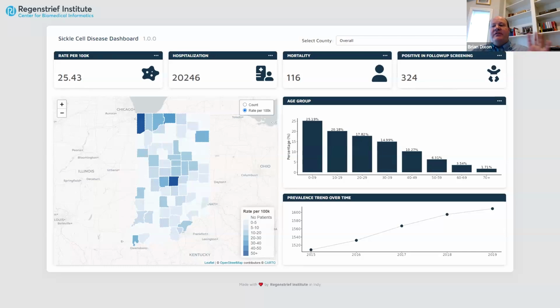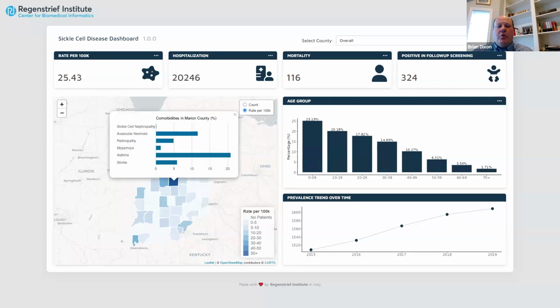This time around, though, we're not using Tableau, we're using R and R Shiny, to develop something built more on an open source tool that allows us to do the same kinds of things: visualize the data at the population level, looking at prevalence rates per 100,000 population, breaking it down by age group, and looking at prevalence trends over time, again at the state level or within a particular county.